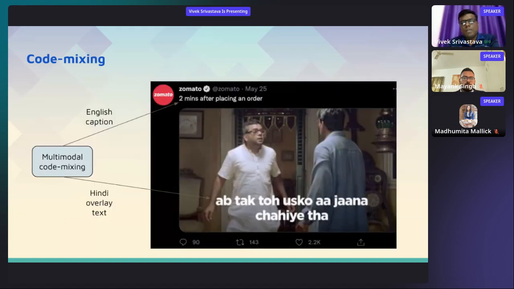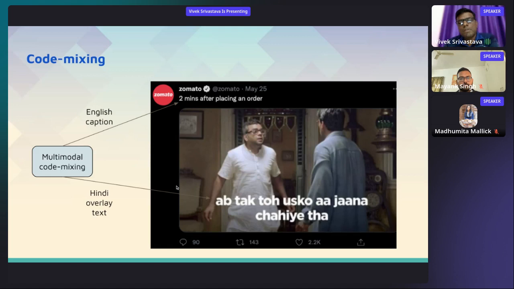So Paytm is not the only example. A lot of other brands also use code mixing to engage the audience, right? And this is one interesting example where Zomato has posted some time back a caption which is written in English, and there is a Hindi overlay text on the image.